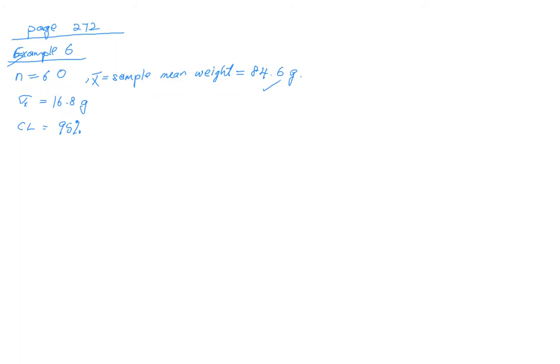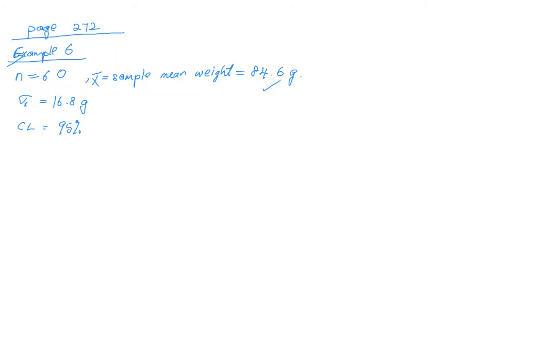Can someone give me the confidence interval straight away from the calculator? You know how to key in, everyone? Sha, do you know how to key in? Sha, Emma? Emma?